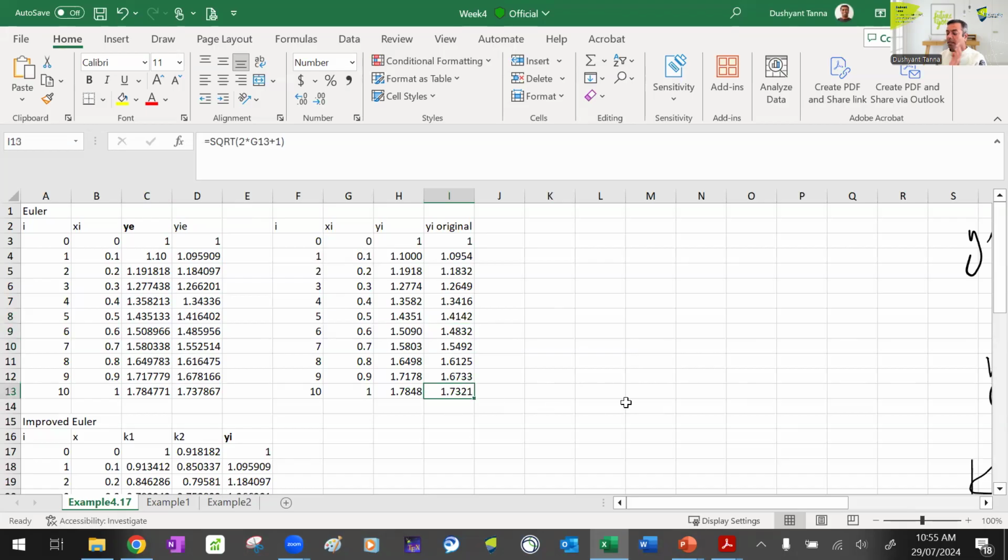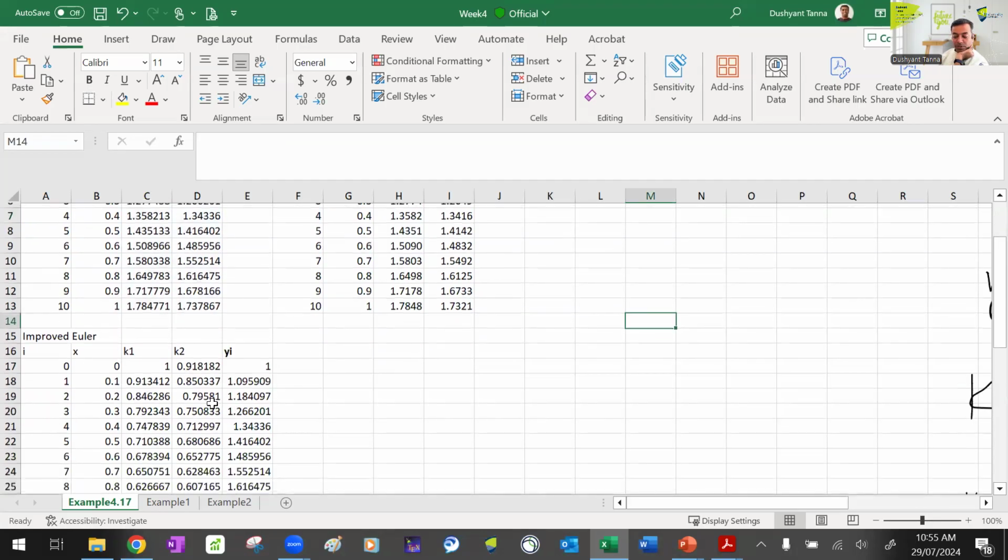Yeah. Right. So that's correct. That's the original, this one, and this is an improved Euler for the same.